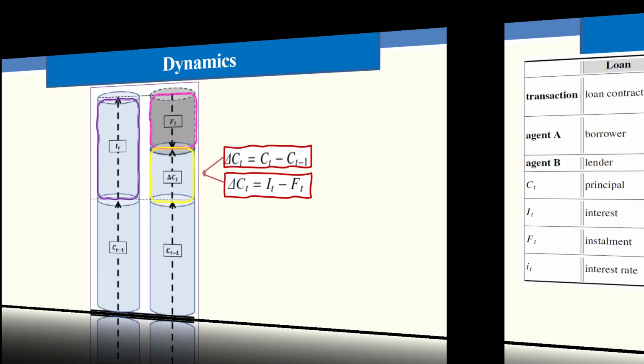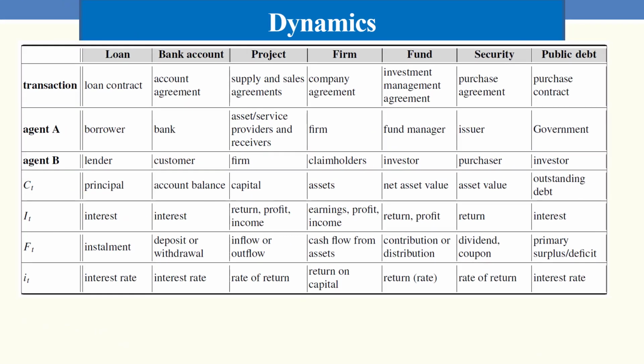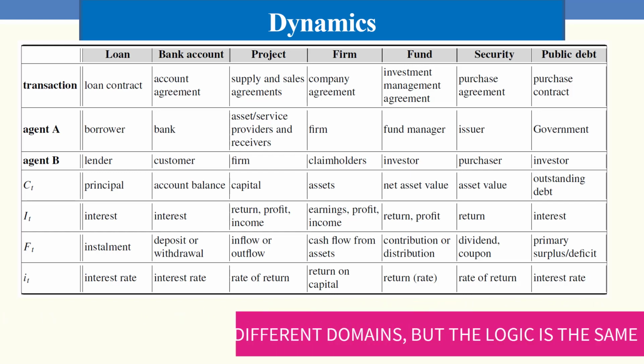This law of motion holds for any economic unit. It holds for savings accounts, it holds for firms, it holds for securities, it holds for loan contracts, it even holds for the public debt. The terminology used is different, but the logic is the same.